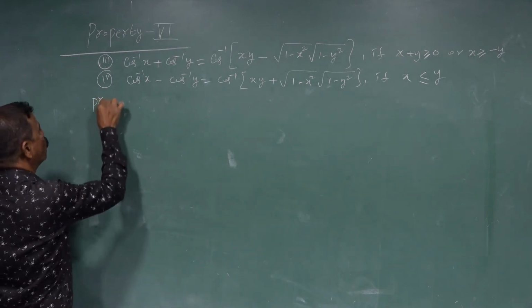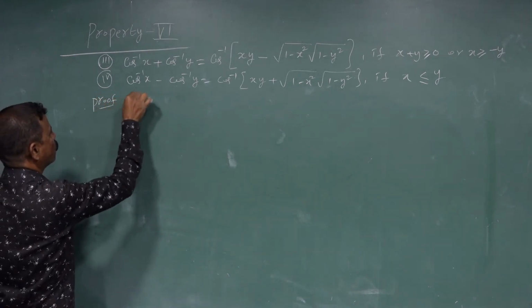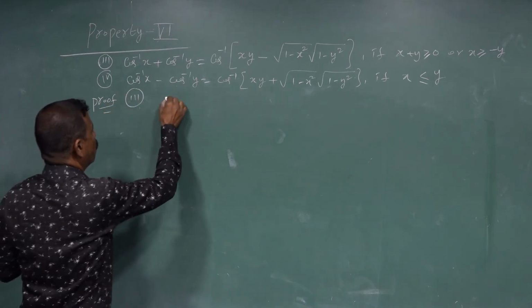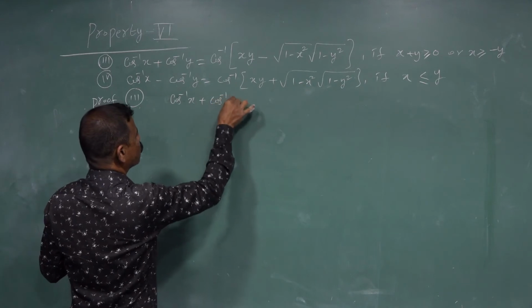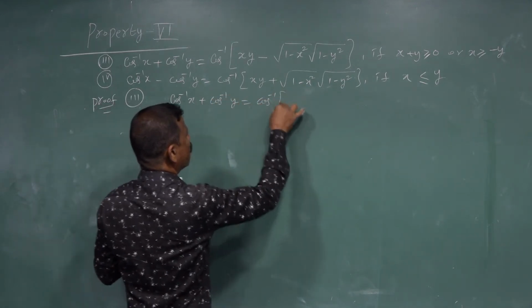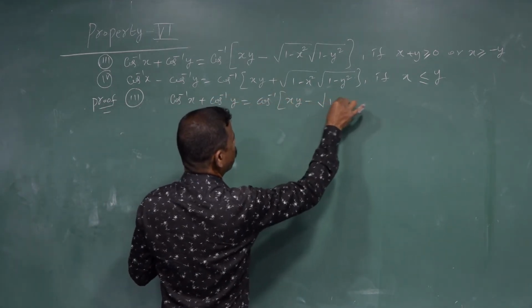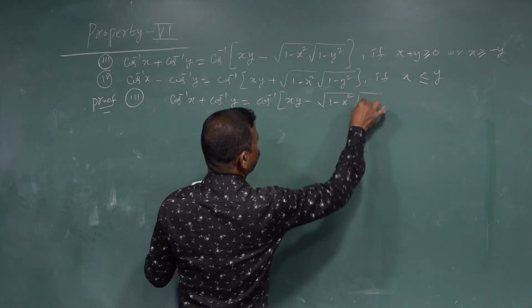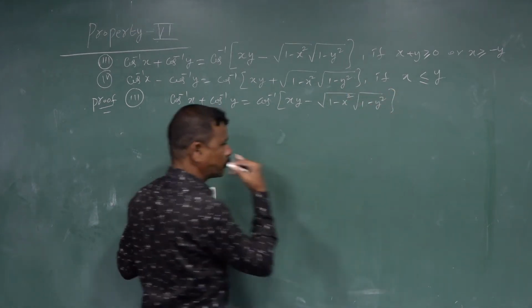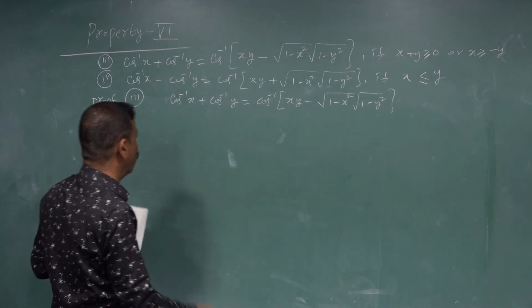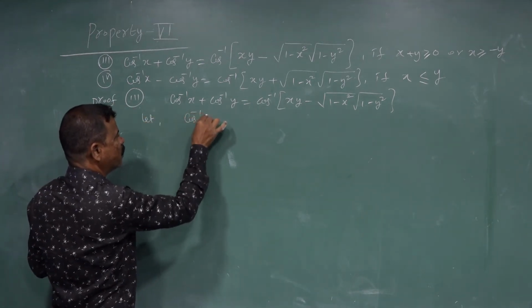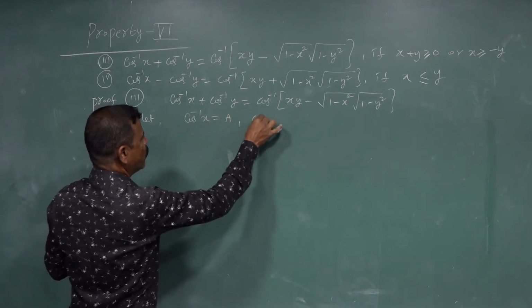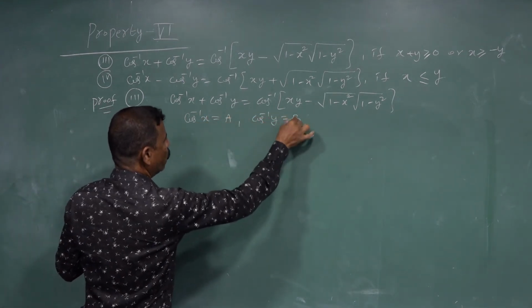Proof for the third: we prove that cos inverse x plus cos inverse y is equal to cos inverse of xy minus the square root of 1 minus x square times the square root of 1 minus y square. Now let cos inverse x be equal to a and cos inverse y be equal to b.